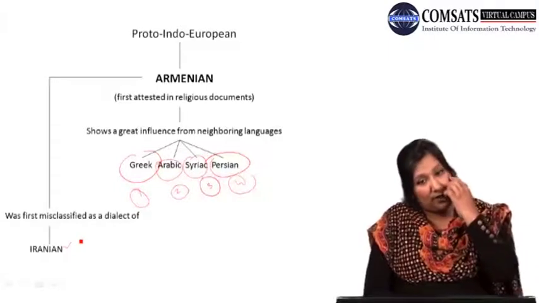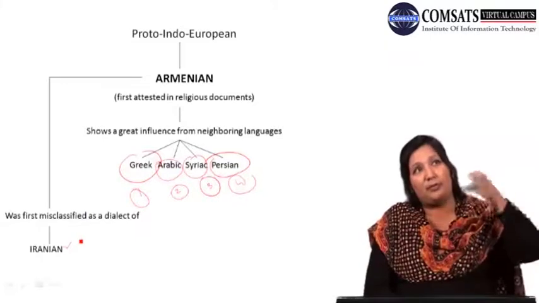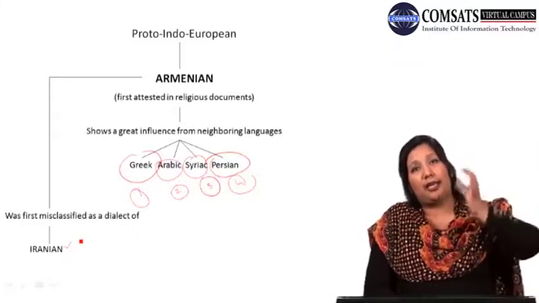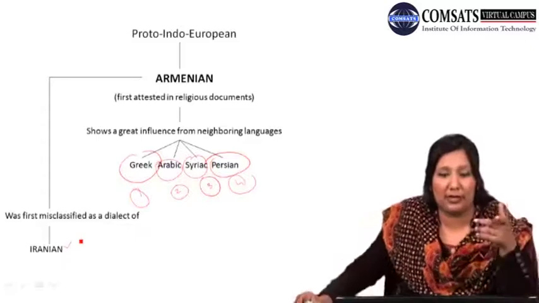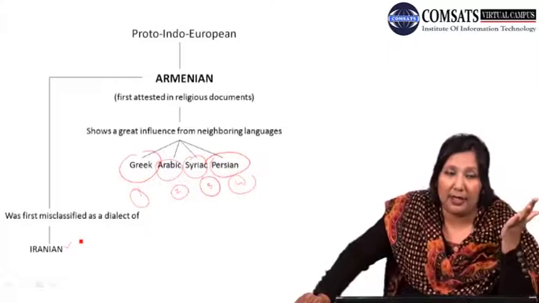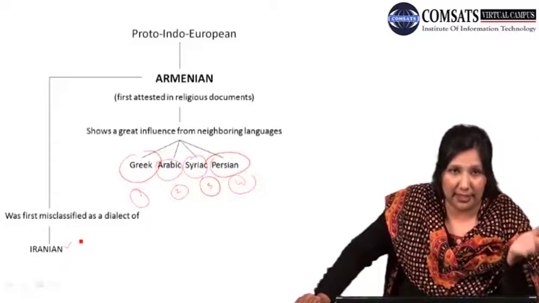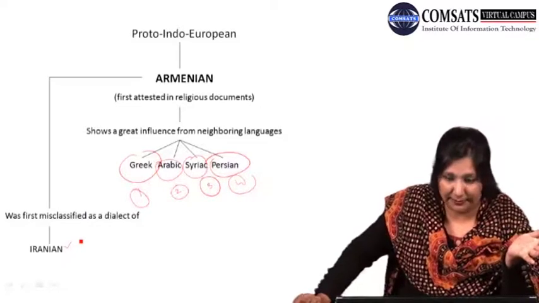No, this was not the case. It was only misclassified. The correct categorization of the languages was that in Proto-Indo-European, Armenian was a separate branch of the family of languages, and there were certain other sub-branches as well.